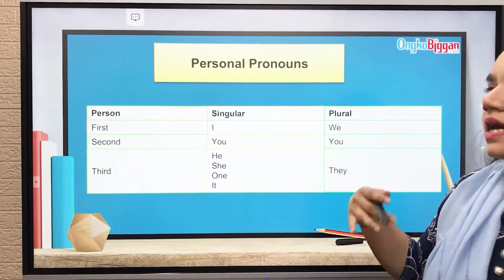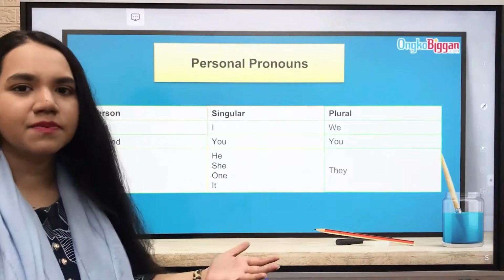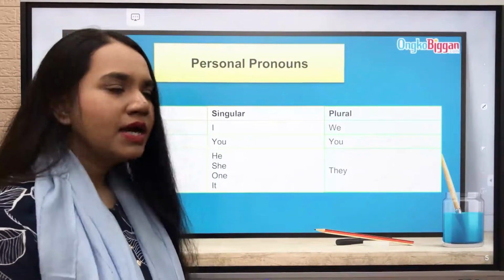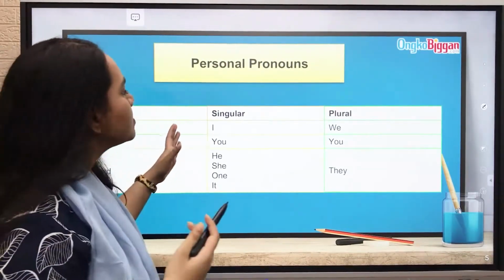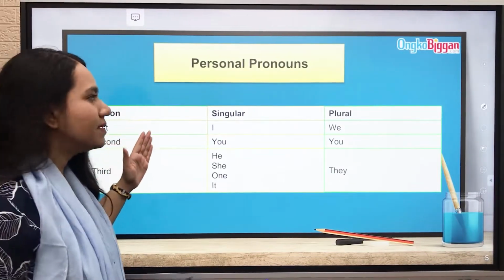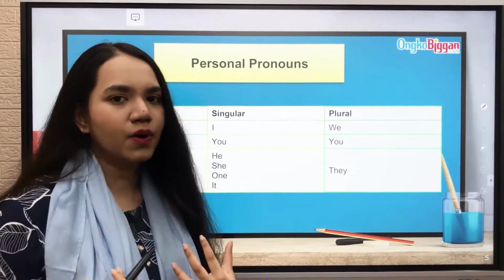We are already familiar with the usages of first person, second person and third person, hopefully because we are students of classes 11, 12. Yet to revise everything, we see how pronouns can be classified into first, second and third person. By first person, I mean something that refers to me, myself, I and so on.